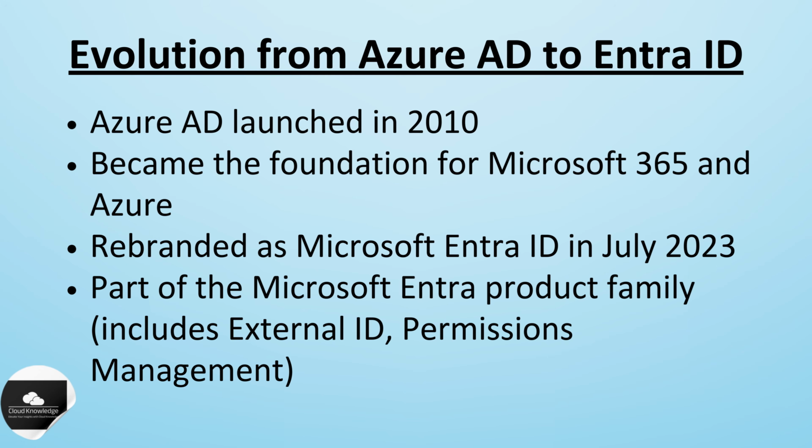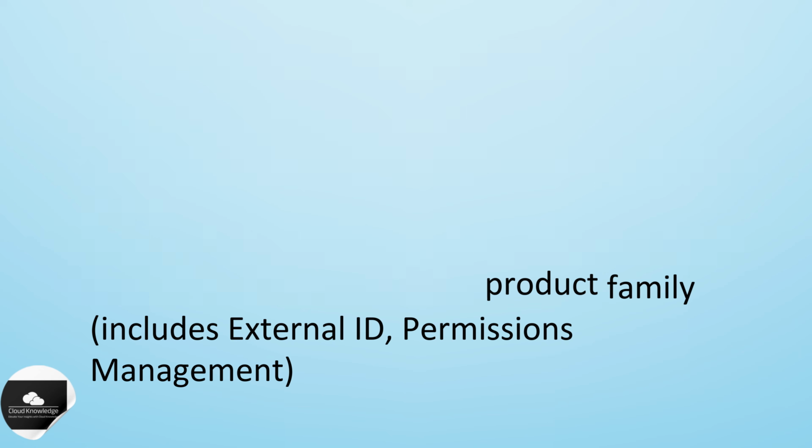The new name puts everything under one umbrella. So you can say organizations can think about identity more holistically, not just for Azure, but for all access in the cloud and hybrid identity environment. So that could be the reason they have changed the name to Entra.